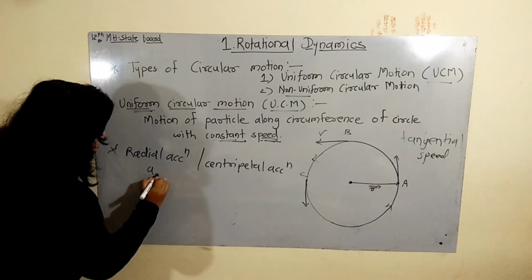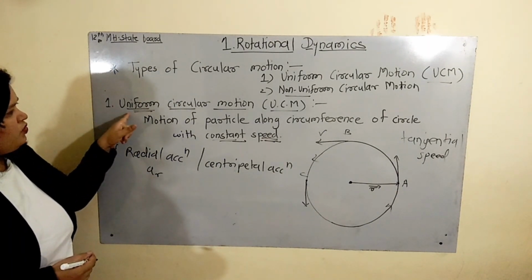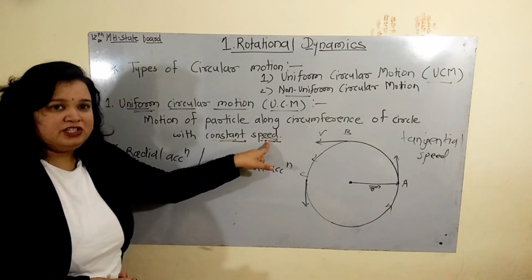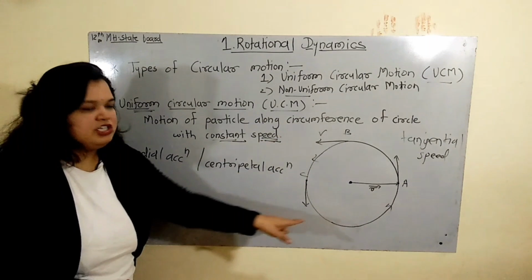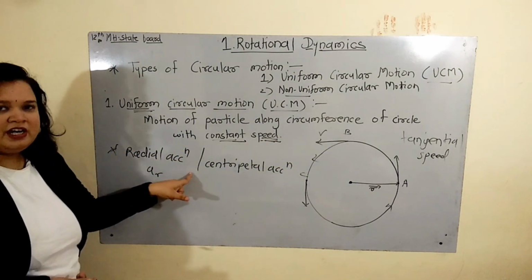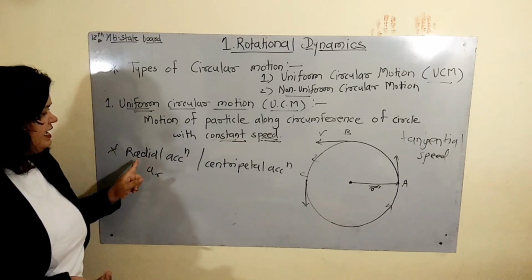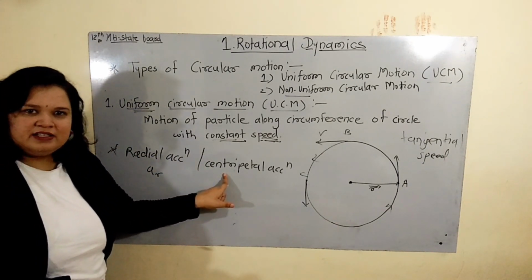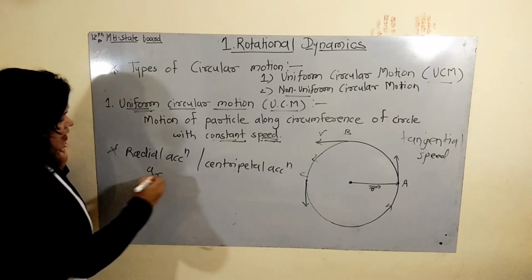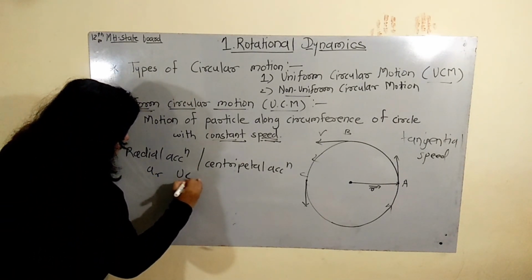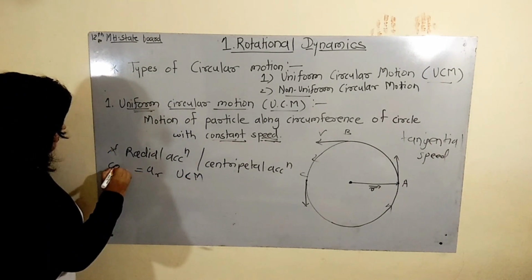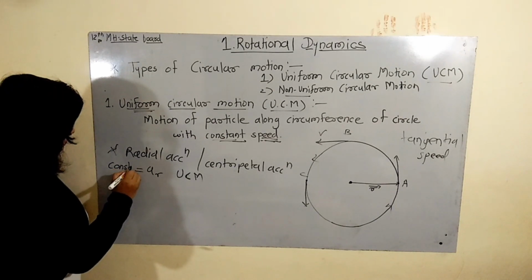It is denoted by a_R. In uniform circular motion, the magnitude of velocity is constant, and the acceleration responsible for it is radial or centripetal acceleration, denoted by a_R. For UCM, this acceleration is always constant.